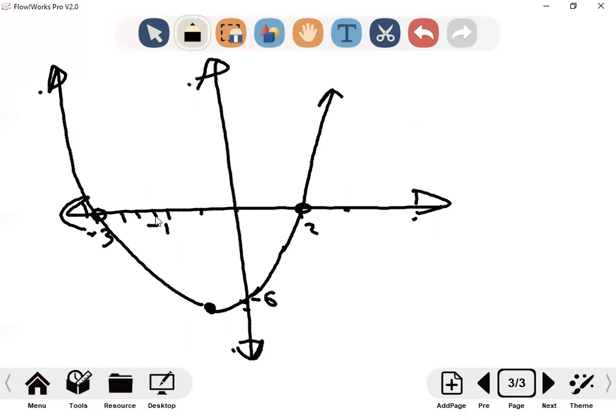Any value here, to find the value of it in the function, do I go up or down? If you go up, you won't find values, but you need to go down to find the values. Right? So any value between -3 and 2, let's check. Give me a value here for x.